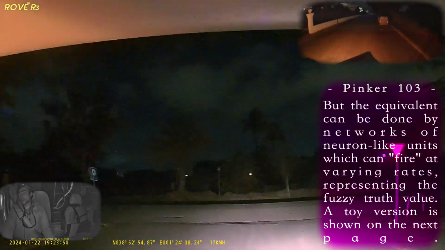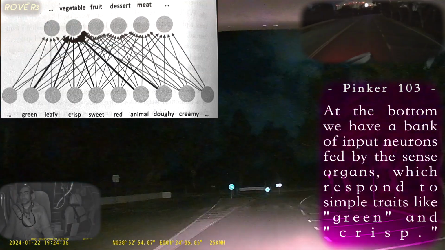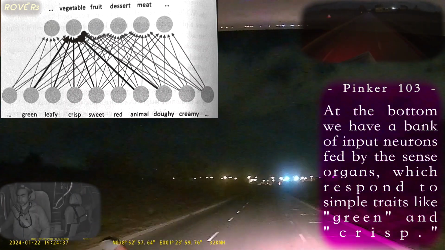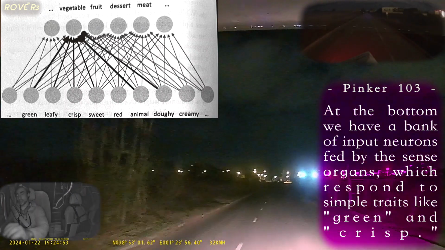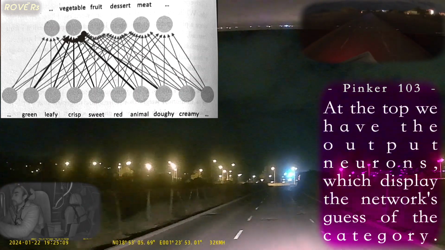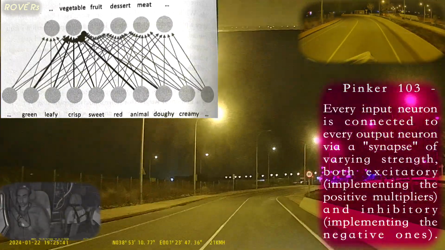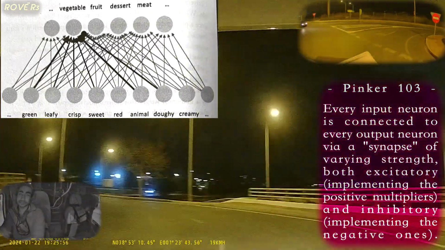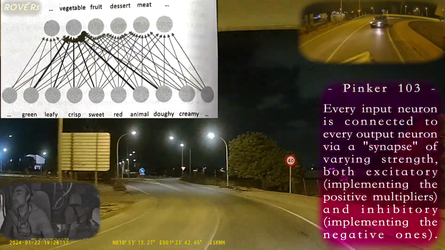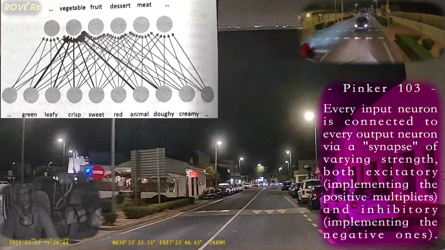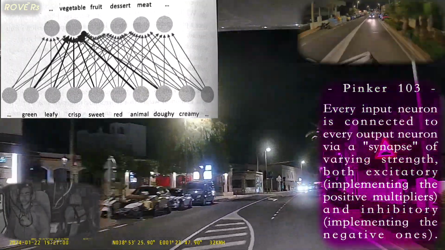A toy version is shown on the next page. At the bottom, we have a bank of input neurons fed by the sense organs, which respond to simple traits like green or crisp. At the top, we have the output neurons, which display the network's guess of the category. Every input neuron is connected to every output neuron via a synapse of varying strength, both excitatory, implementing the positive multipliers, and inhibitory, implementing the negative ones.